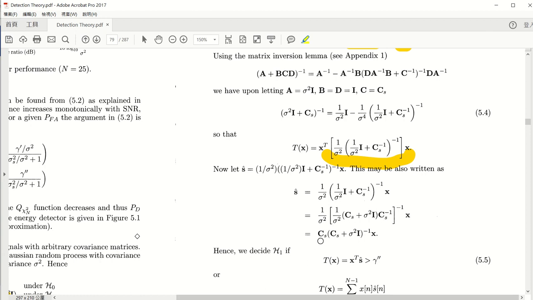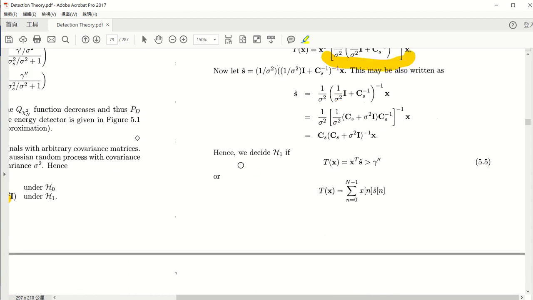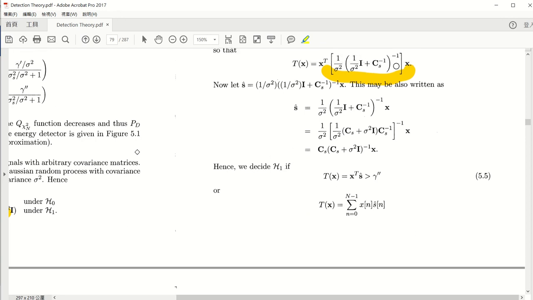We get CS plus sigma square I, inverse, times x. So we will decide H1 if this. But this term has been denoted by S hat.